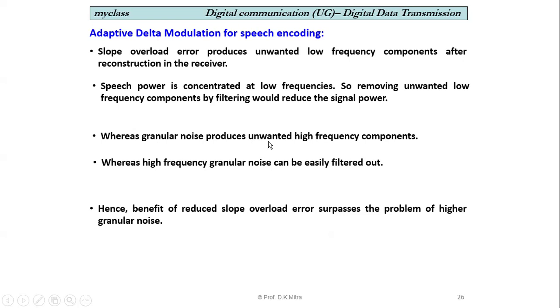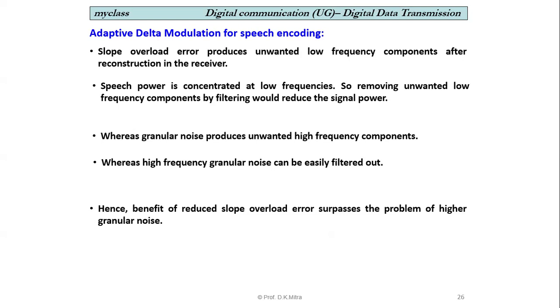Granular noise produces unwanted high frequency components. And in a filter, you can easily filter out the high frequency components, because once again, if you go to the science of human speech, most of the information of the speech is in the lower part of the frequency spectrum.